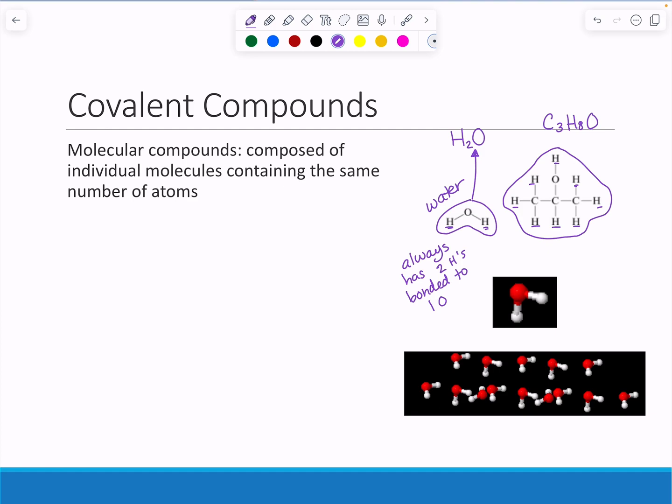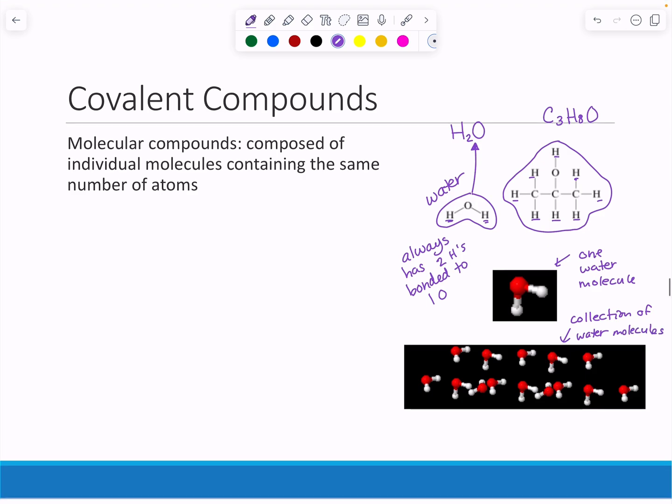And so every time we have atoms that are bonded in this way, we have a molecule of water. And we can have a collection of molecules of water, right? So this is 1 water molecule. And this is a collection of water molecules.